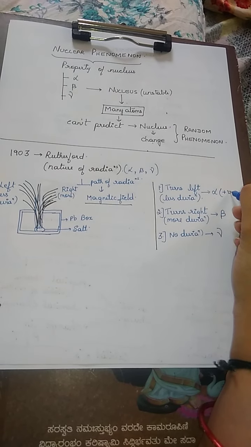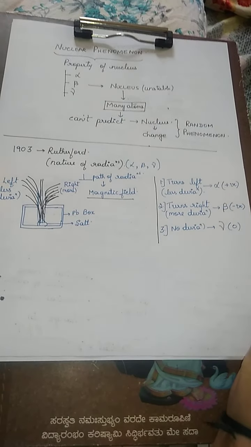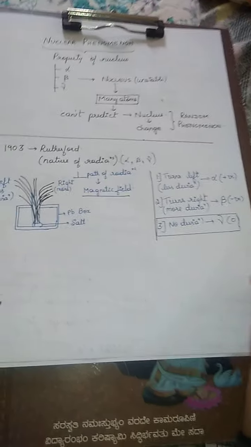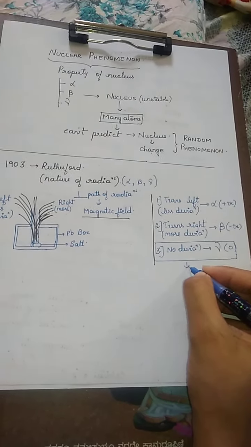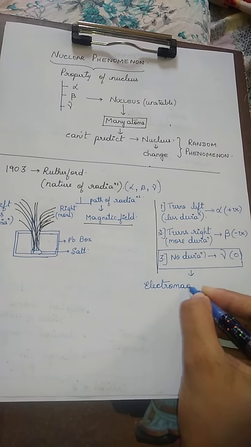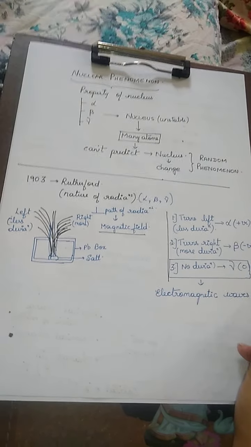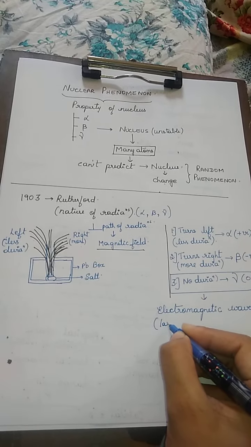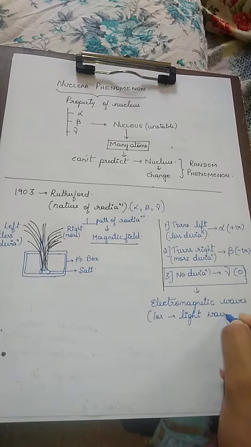So the alpha rays are positive, beta rays are negative, and gamma rays have zero charge. The third one, having no deviation or no charge, is called the electromagnetic waves, which are similar to light waves.